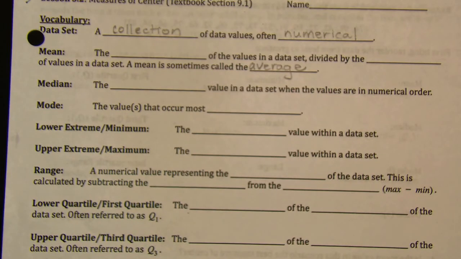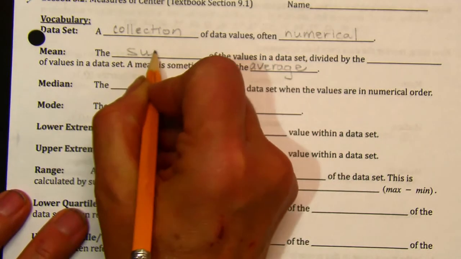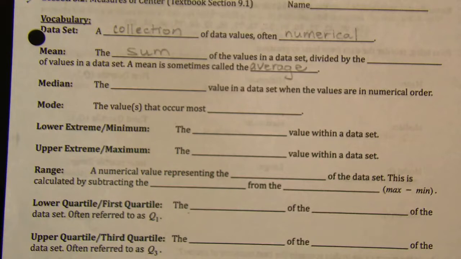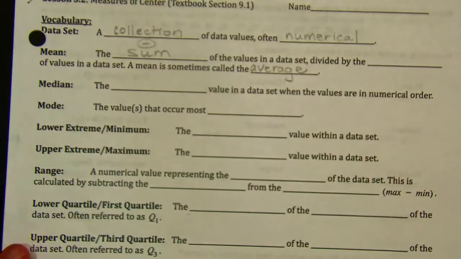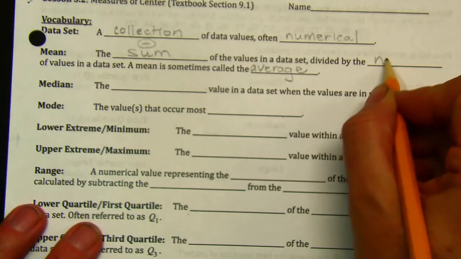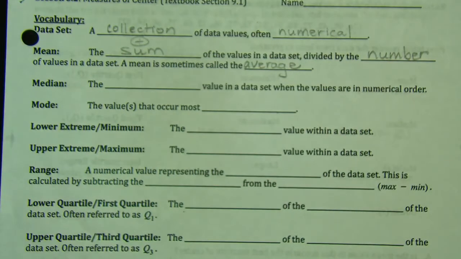You add up all the numbers, and then divide by the number. The definition of a mean is the sum of the values. Sum means add, right? And then you divide by the number of values. Super easy. So if there's 10 numbers, you're going to divide by 10 after you add all the numbers up.